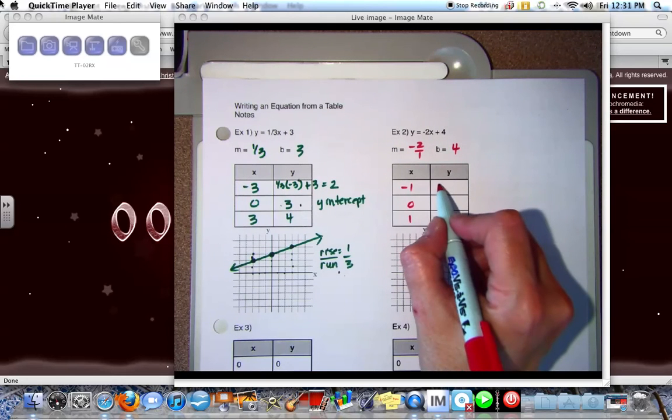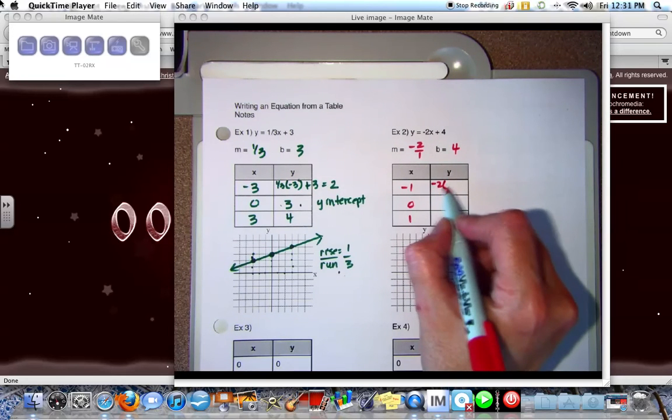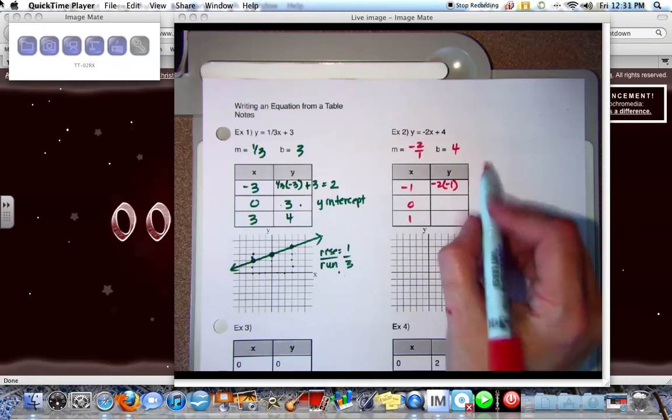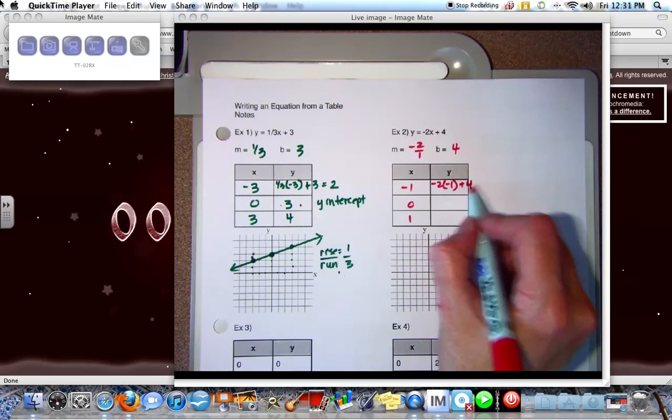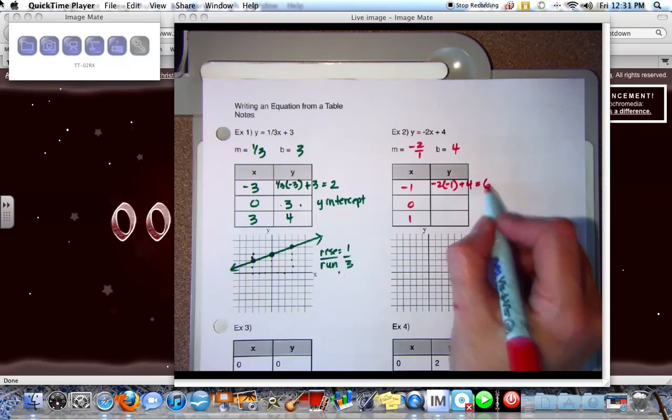For my first y value, I have -2 times -1, which is positive 2. Plus 4 gives us 6.